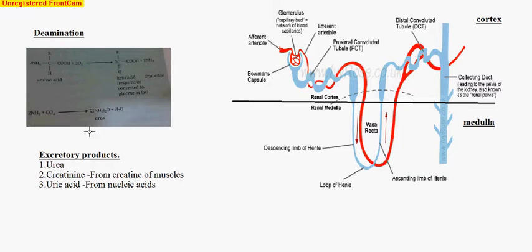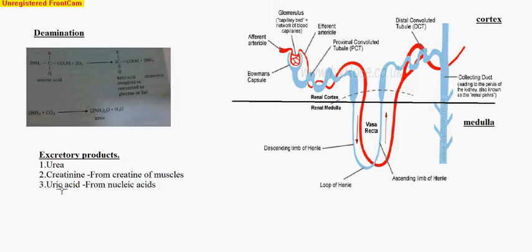Okay, so that's deamination. And then there are two other excretory products. Creatinine is from muscles: creatine from muscles gives its excretory form, which is creatinine.